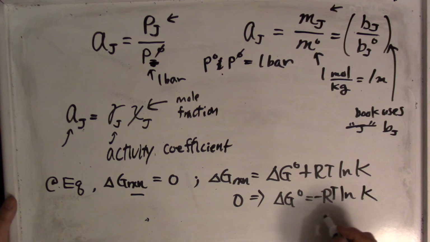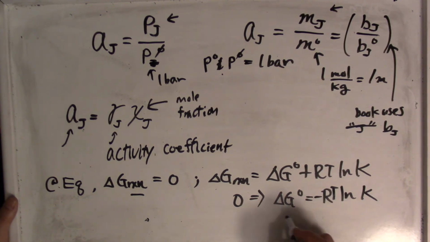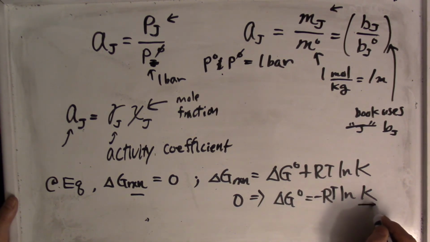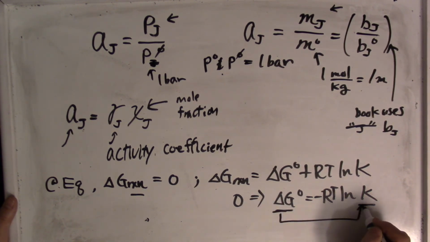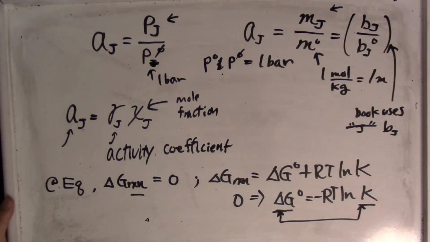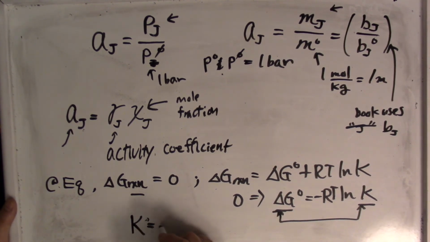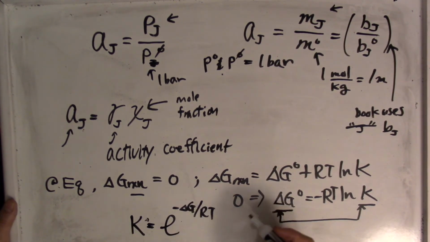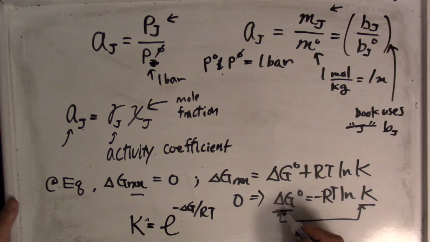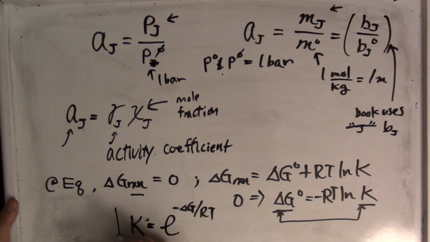So that's the relationship between the equilibrium constant and delta G that you've seen earlier. But of course, if you solve that for K, K is equal to e to the minus delta G over RT. Again, you take the exponential on both sides, and then you end up getting this equation.